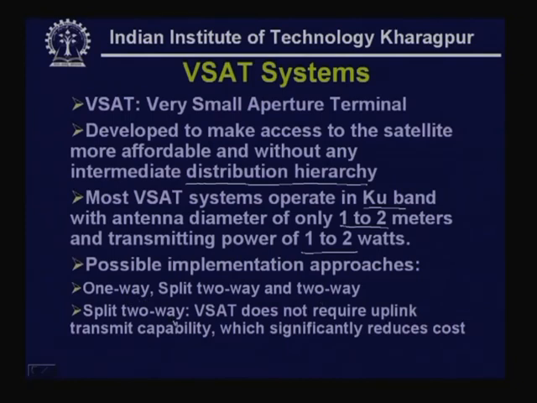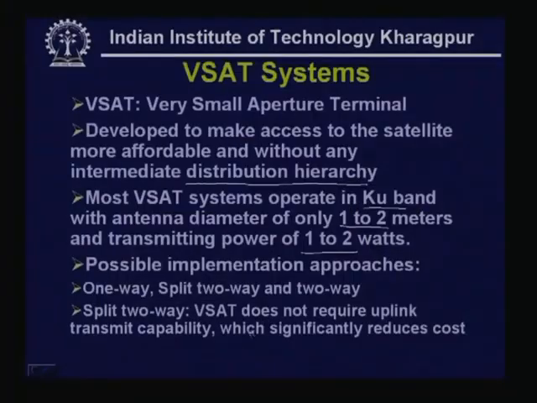The split two way is a special situation where VSAT does not require uplink transmit capability, which significantly reduces cost. In split two way, the satellite only sends data in the downward direction using broadcasting or some other technique.